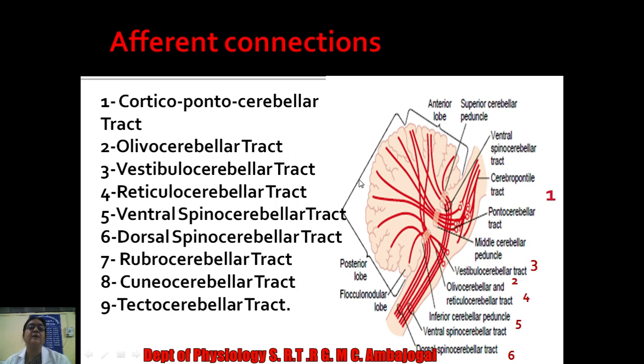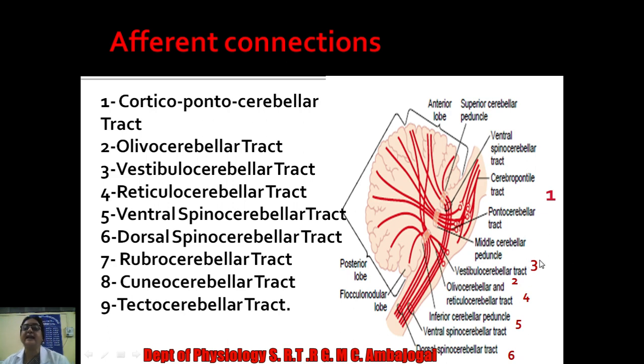Now if you see from this afferent connection, the cerebellum gets sensory information from the ventral spinocerebellar tract, dorsal spinocerebellar tract, cuneo-cerebellar tract and the tectocerebellar tract, and also from all the important components of the brain, that is, the cortex, inferior olivary nucleus, vestibular nuclei, reticular nuclei and red nucleus.